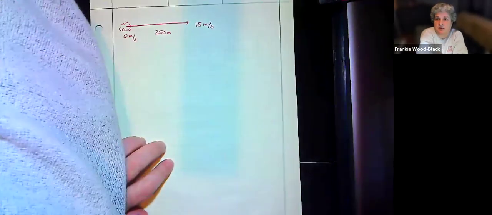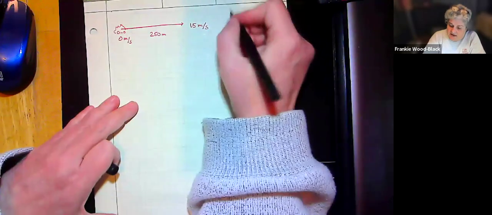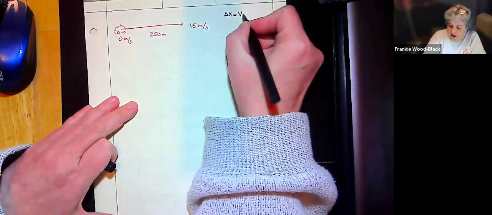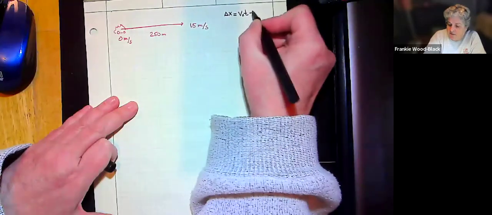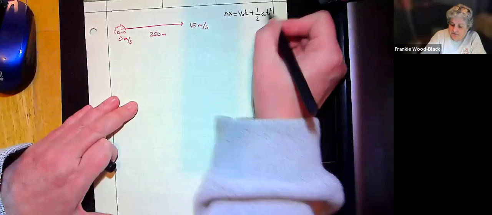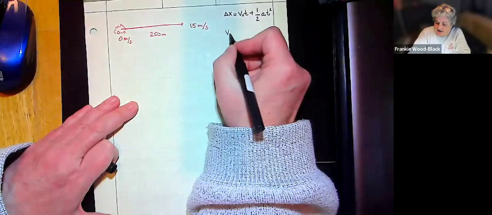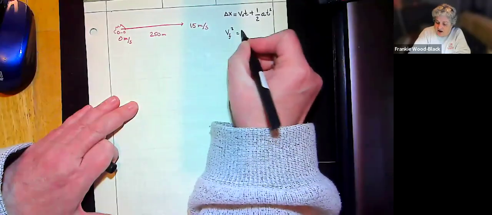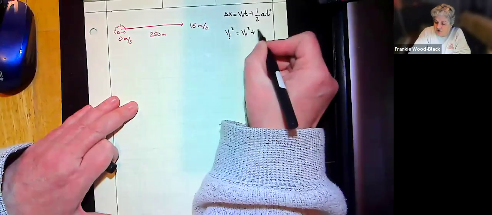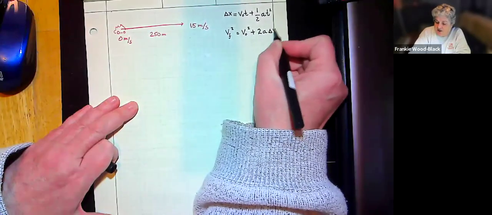Now, remember, we have a toolkit, right? Our toolkit says our change in position is equal to our initial velocity times time plus 1/2 our acceleration times time squared. We have that my final velocity squared is equal to my initial velocity squared plus 2 times my acceleration times my change in position.